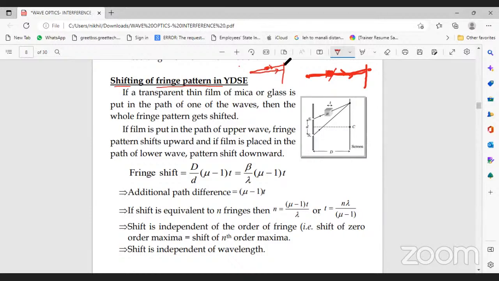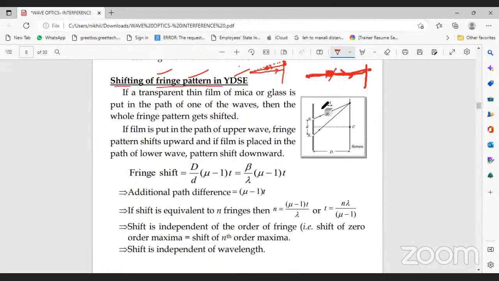Because of that, the fringe will not form here; it will form somewhere here. So because of this, the fringes are going to shift either upward or downward.